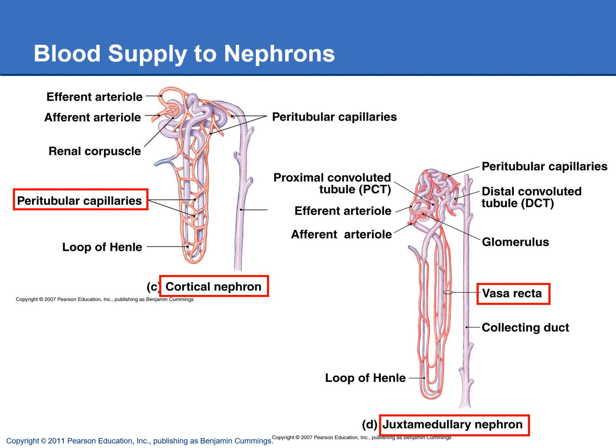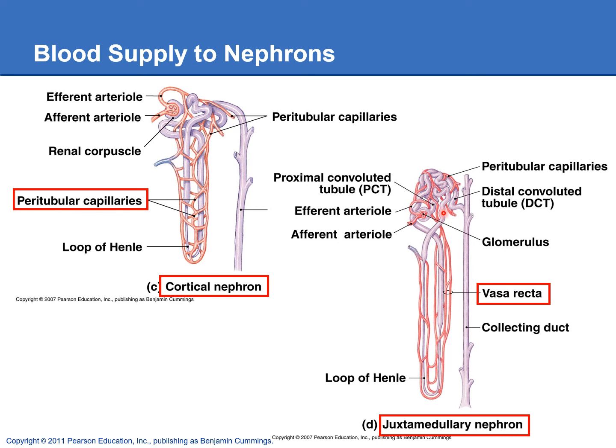The juxtamedullary nephron, we have a little bit different names. So we still have the afferent arteriole coming into the glomerulus, that capillary bed there where we're going to filter the blood. And then we're going to exit through the efferent arteriole, enter into the peritubular capillaries.